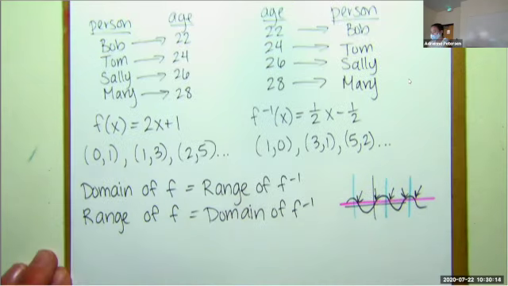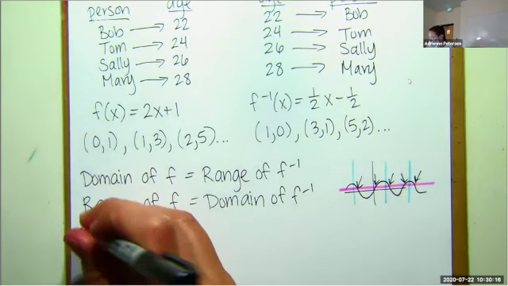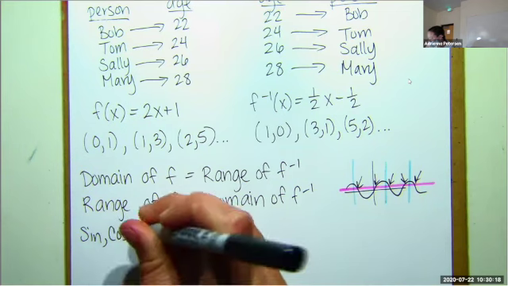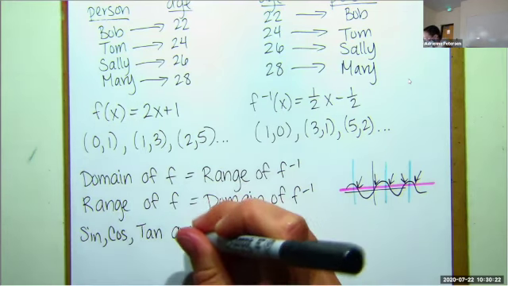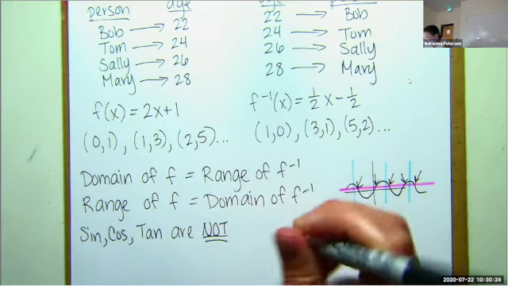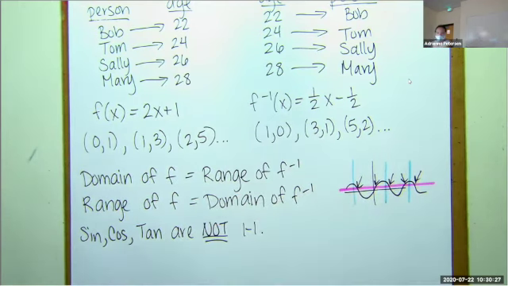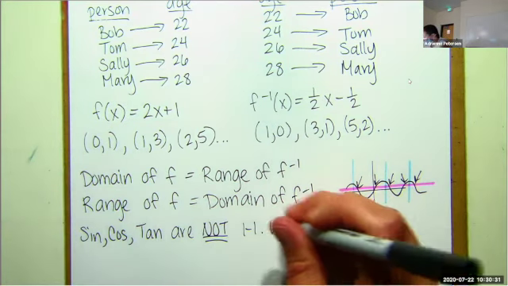Sine, cosine, and tangent, and of course the reciprocal functions as well, are not 1-to-1 functions. However, we want to define an inverse.